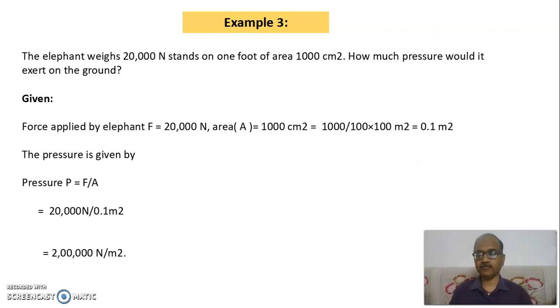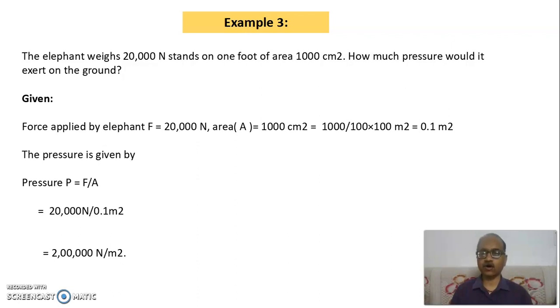Example number 3. You know elephant. Elephant has got broad feet. The reason is to reduce the pressure. Area is more, the pressure will be less. The weight of elephant given in the question is 20,000 newtons.